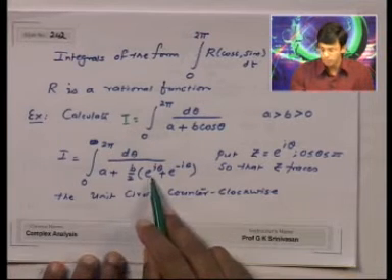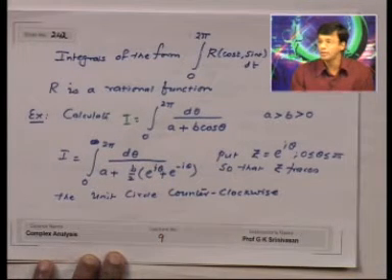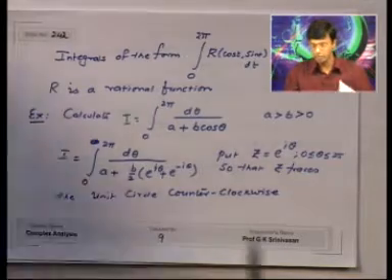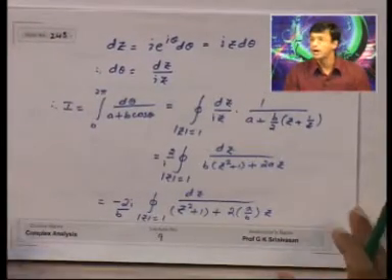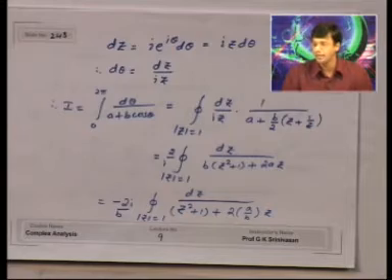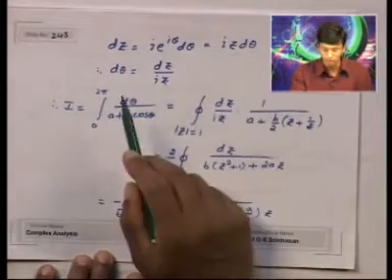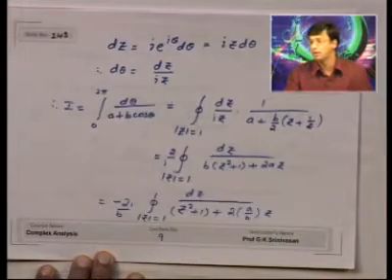Where there is e to the power i theta, it's going to be z, e to the power minus i theta is 1 over z, and what is d theta? dz is i e to the power i theta d theta, or iz d theta, so d theta is dz upon iz.